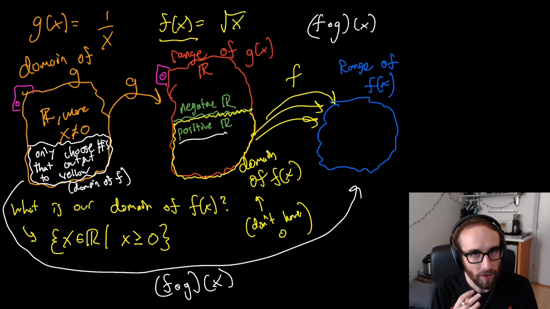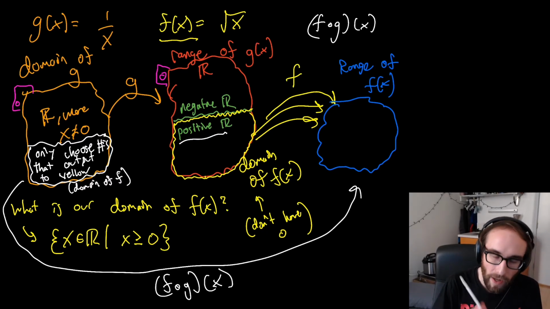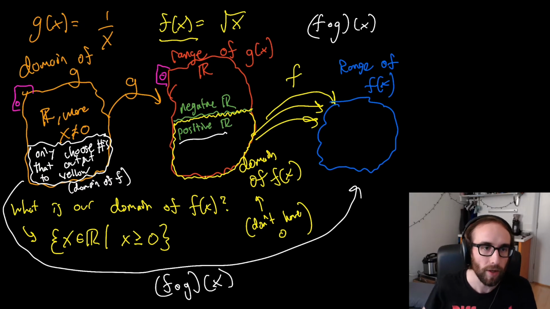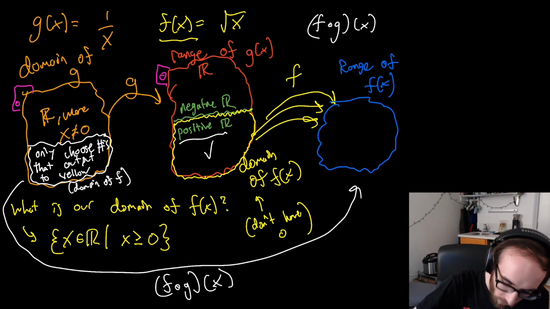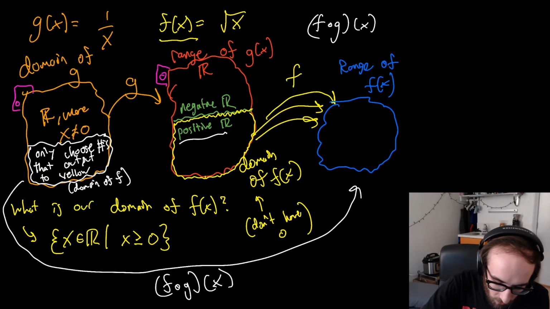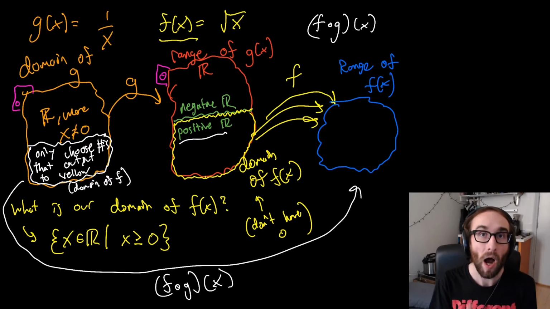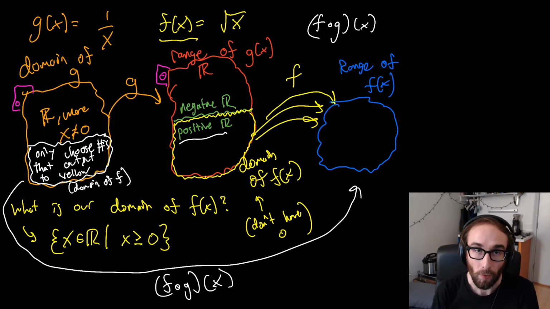So when we're looking at the domain of f of g of x, we need to make sure that from the domain of g, we only choose the numbers where we'll get an output of g that works with f when we plug it into f. Looking over here, if we have 1 over x, the only numbers that will give us a positive output for 1 over x, or g of x, are going to be positive numbers.